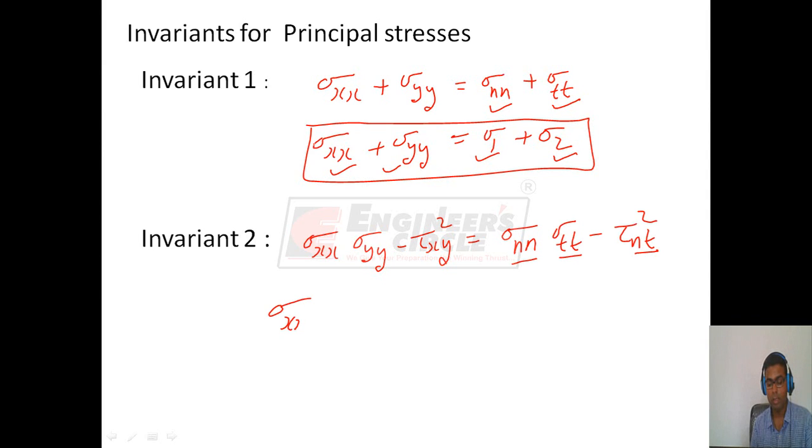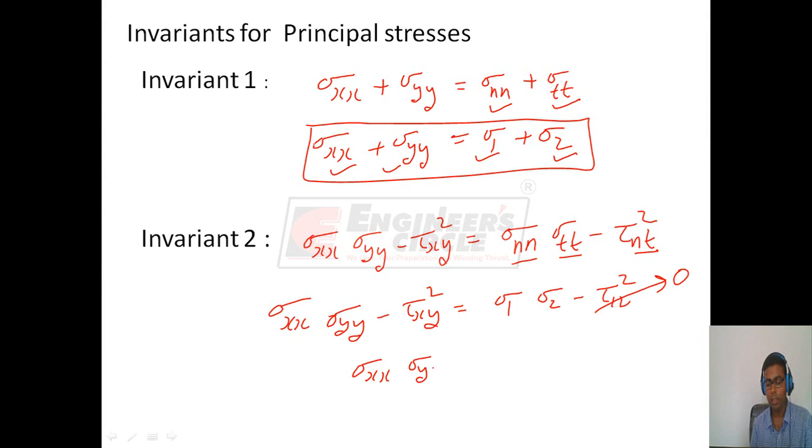Therefore we get sigma xx sigma yy minus tau xy square equal to sigma 1 sigma 2 minus tau 12 square. But we already found that tau 12 is 0. So we get sigma xx sigma yy minus tau xy square equal to sigma 1 into sigma 2.